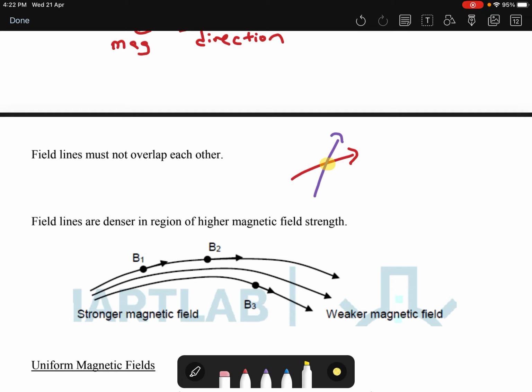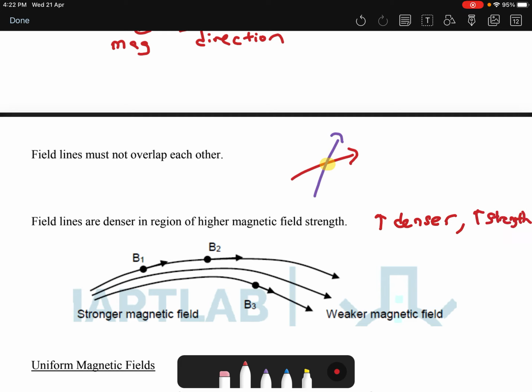So field lines must not overlap each other, and field lines are denser in regions of higher magnetic field strength. The density of our field lines will indicate the strength of our magnetic field. If your lines are denser, meaning closer to each other, the strength will be bigger.